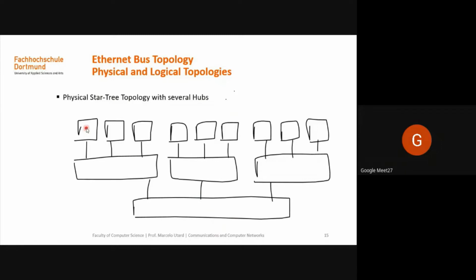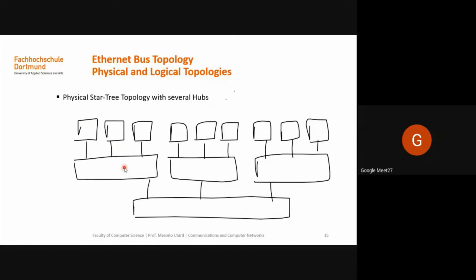Then, in this case, these stations could communicate with any of those other stations across a two-level cascade topology constituted by those hubs.